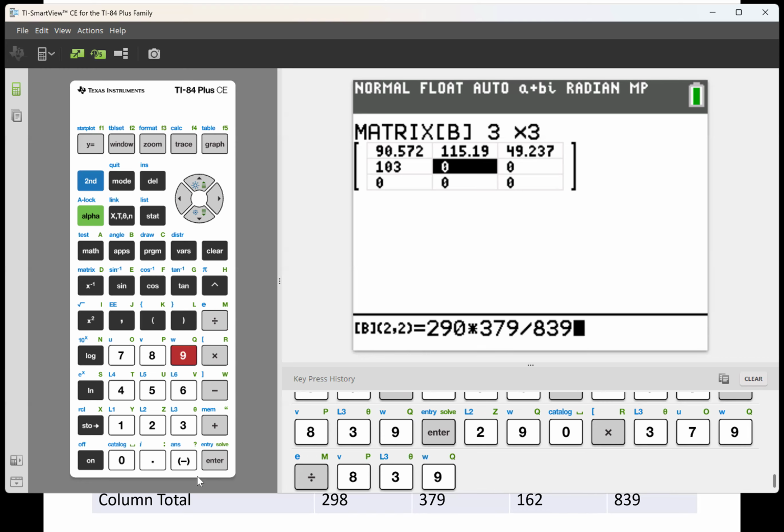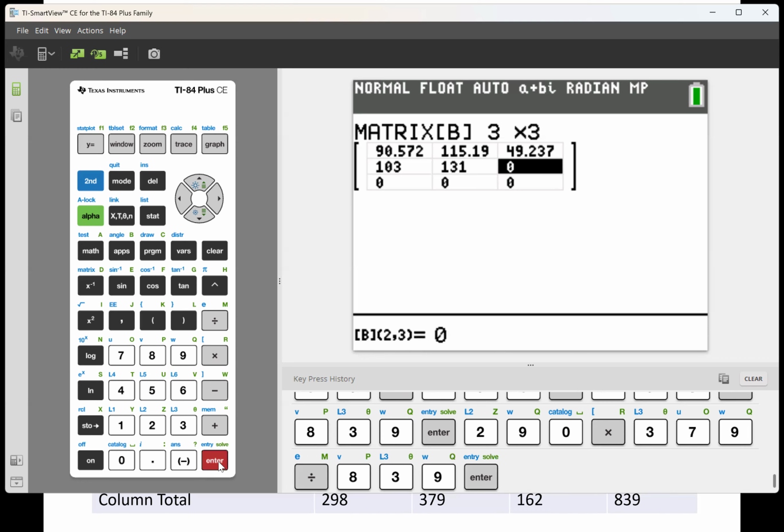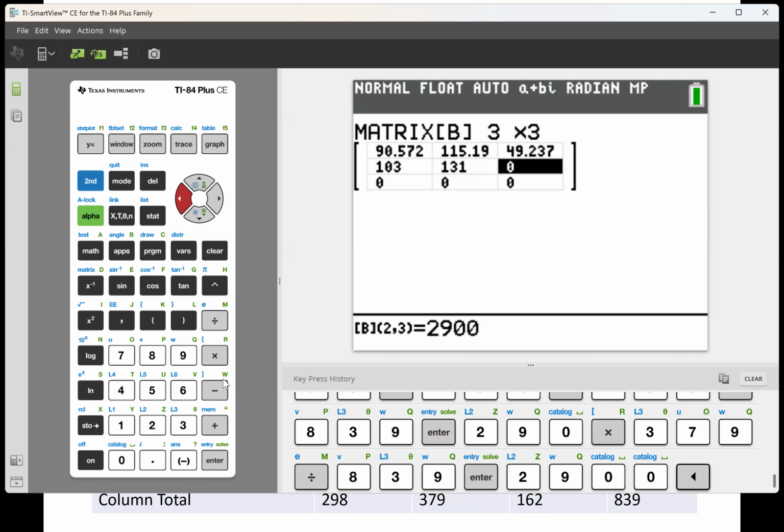And now the last column, excuse me. We had the row total, which is 290, times the column total. Oops, got a boo-boo right there.